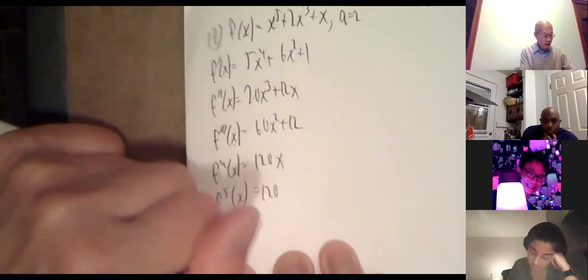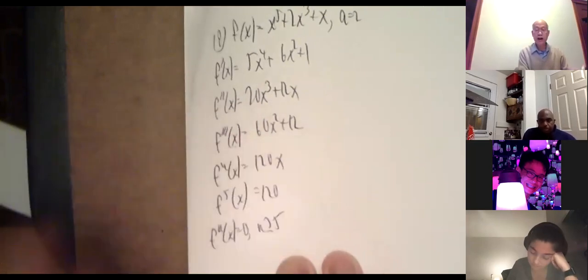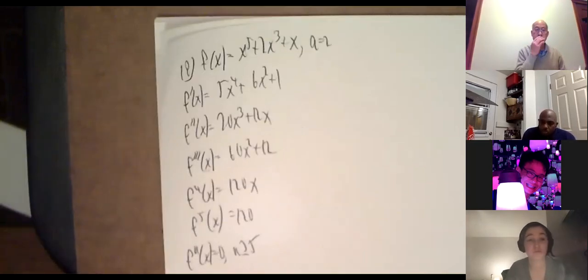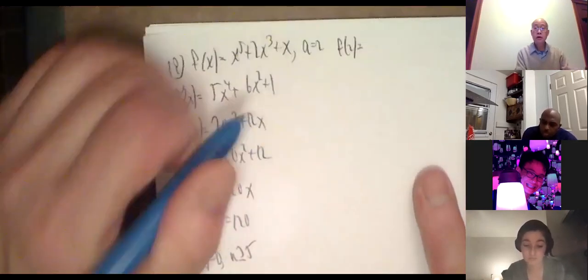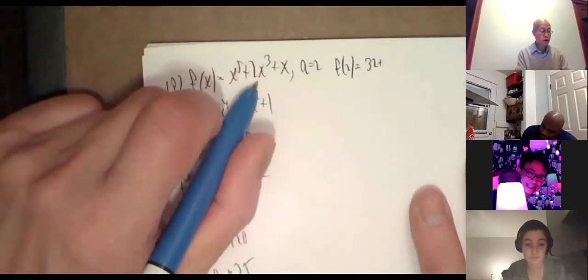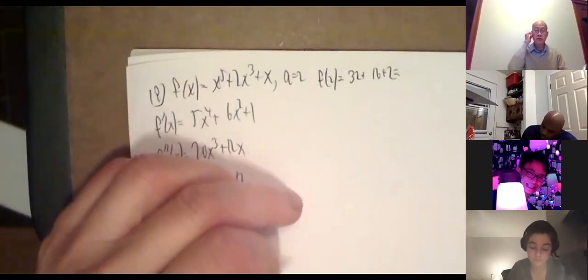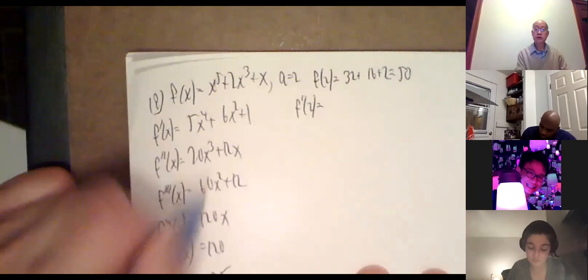And the nth derivative of x is 0 for n greater than or equal to 6. Okay, f of 2. Oh boy. 32 plus 2, 4, 8, 16 plus 2. I'm very susceptible to mistakes right now. I'm giving you the theory at least, since I'm going so fast.